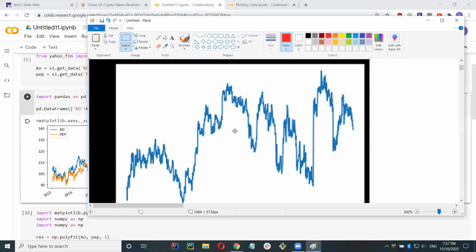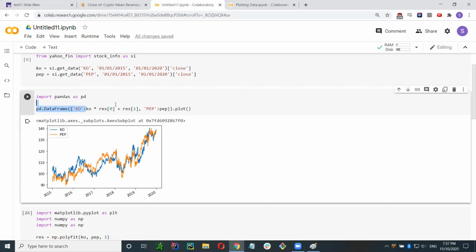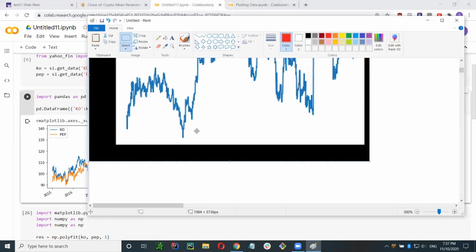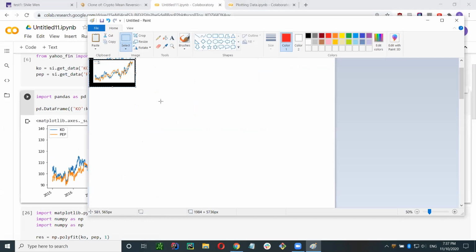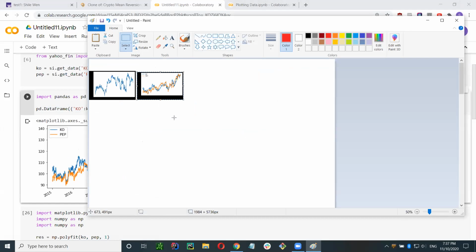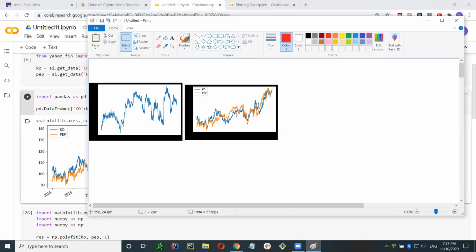And so now I've applied the OLS equation to the Coca-Cola to scale it up to being close to Pepsi. And if we plot the differences, you can see here that they both go up, right? There's a consistent uptrend.